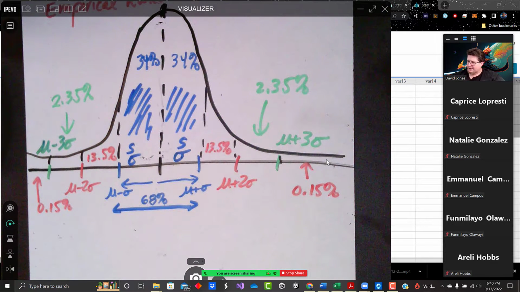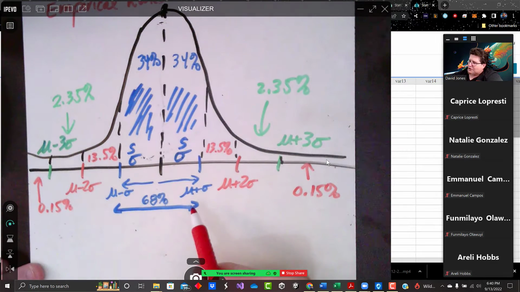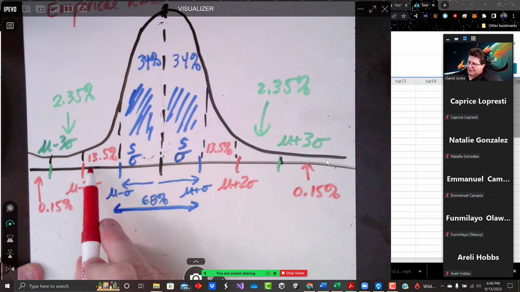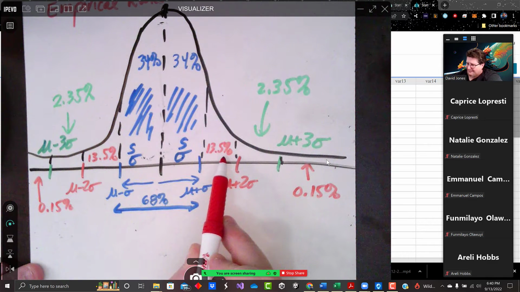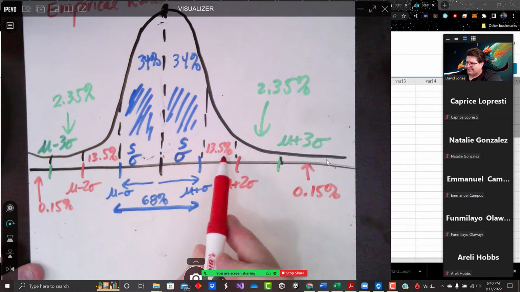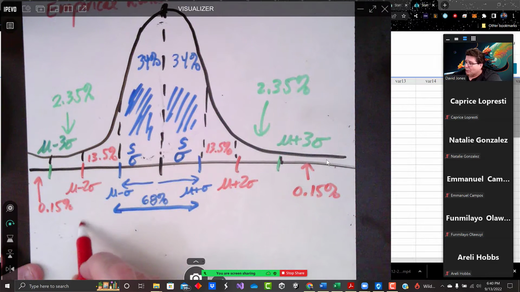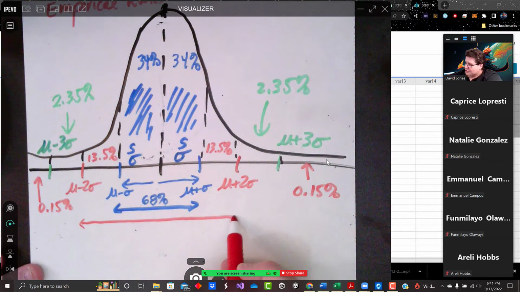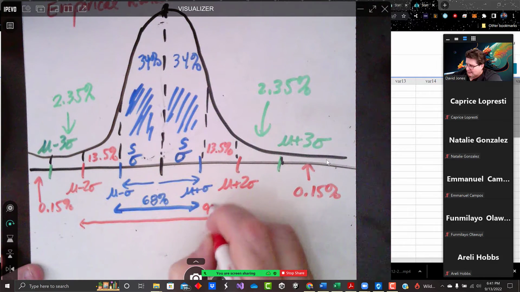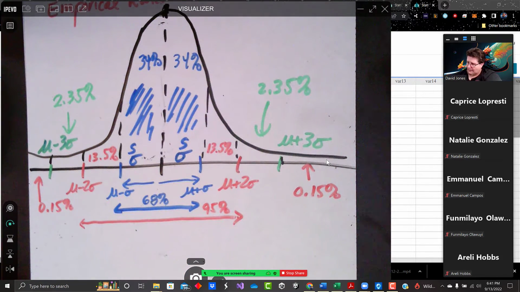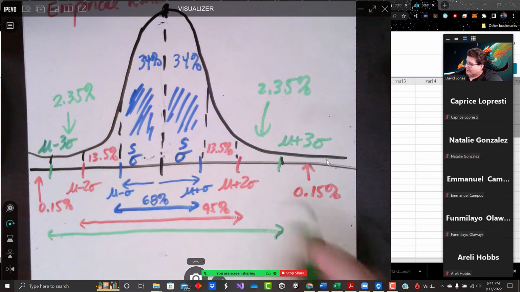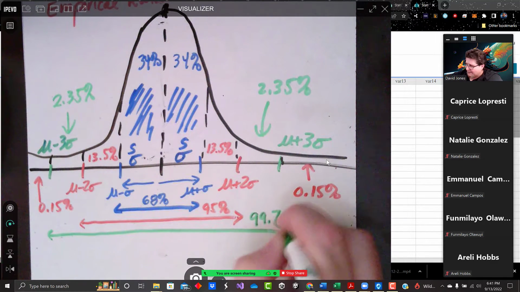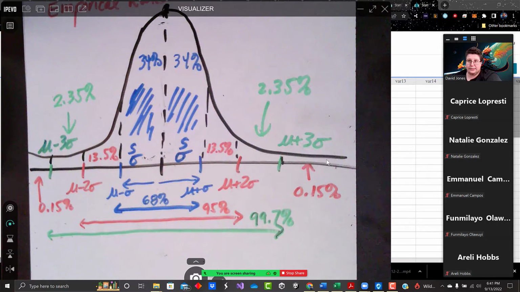So those are the numbers for each category. If we go within one deviation of either direction, it's 68%. If I add 13.5 and 13.5, that's 27. If I add that 27 to the 68, going within two deviations is 95%. And if we go all the way out to three deviations, this covers 99.7% of the data or the results.